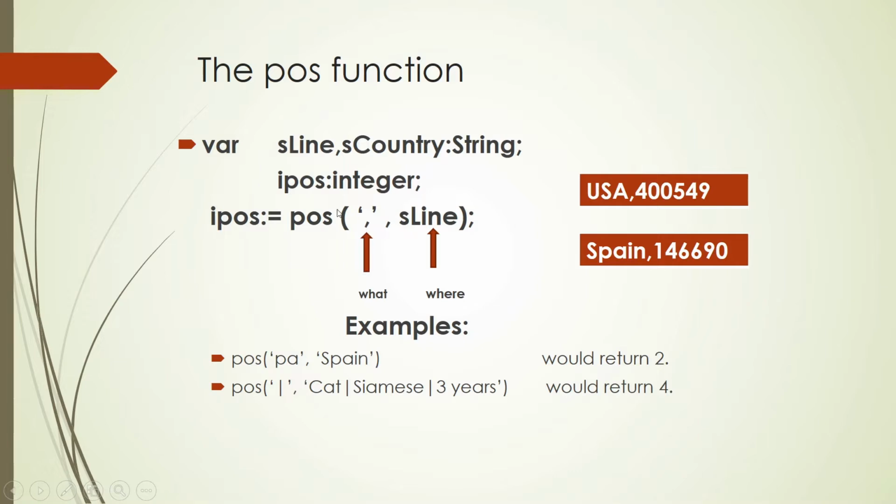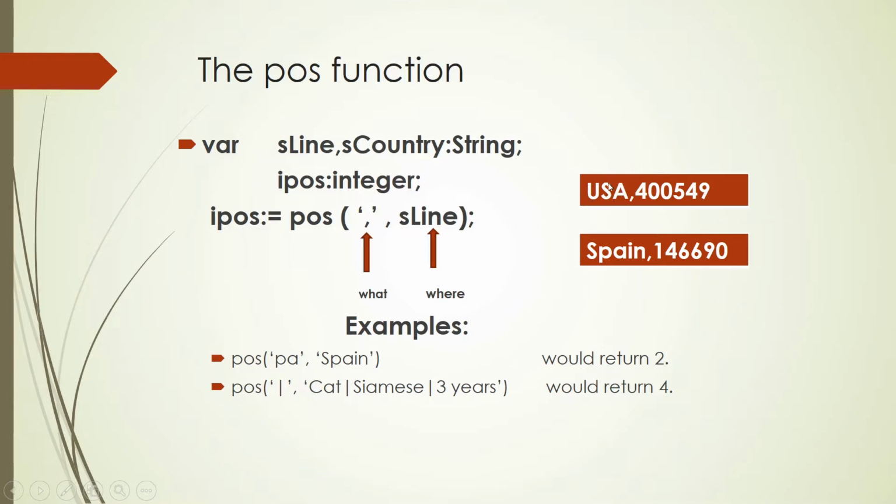So pos again is a function called with two parameters. It returns a value. It stores it in an integer variable. ipos is declared as an integer data type. So it returns the given position. Remember, we talk about index when we talk about a string. So this particular string, which is stored in a variable called s-line, starts at index 1.